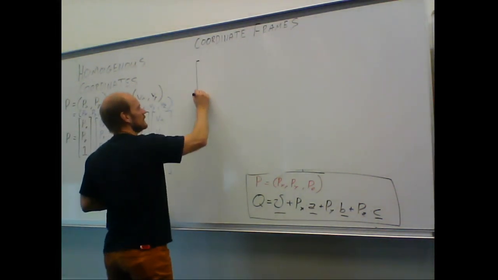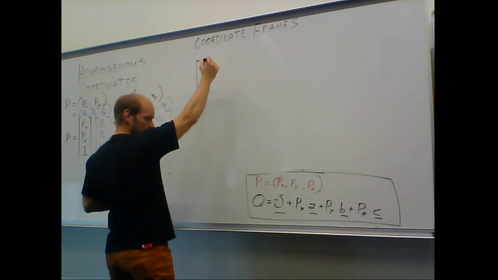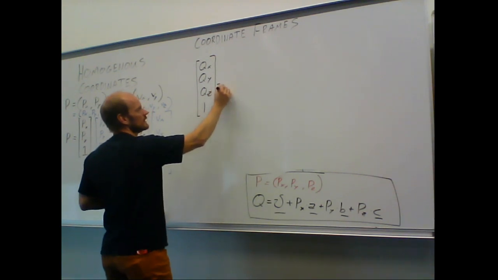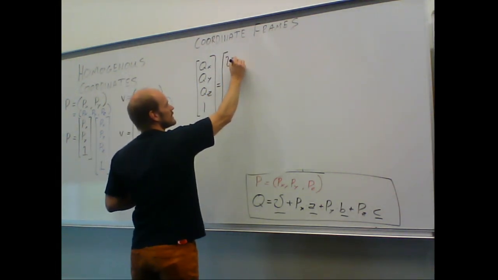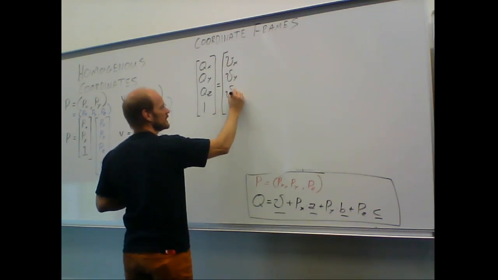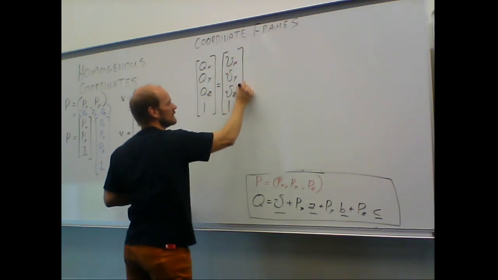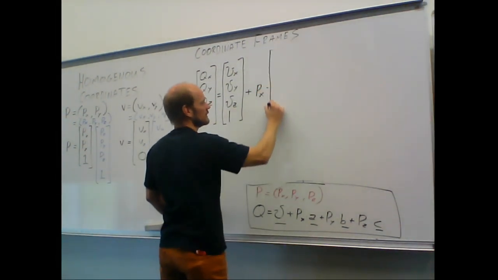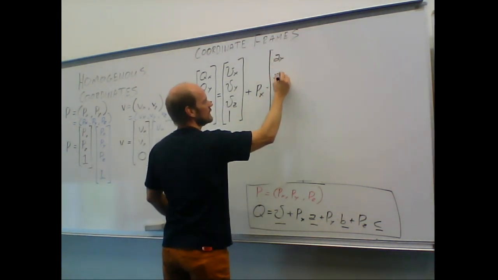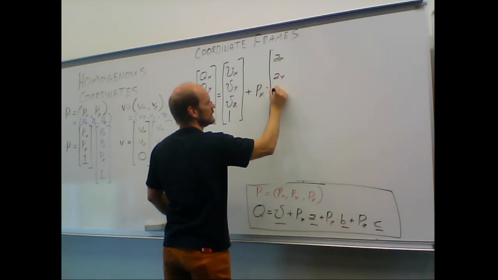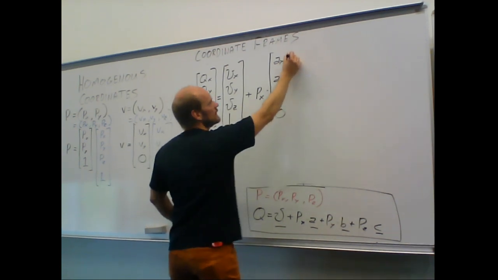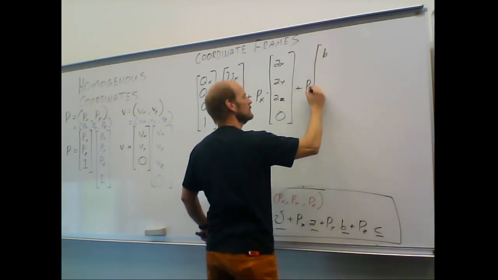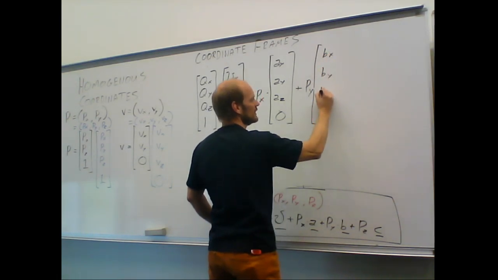So we can say the coordinates Qx, Qy, Qz, and 1 equal the point of origin x, the point of origin y, point of origin z, and 1, plus Px times Ax, Ay, Az, 0, plus Py times the vector Bx, By, Bz, 0.